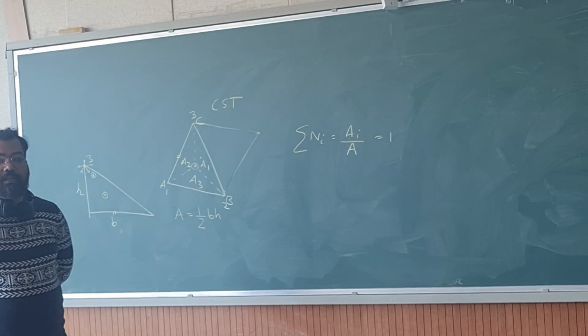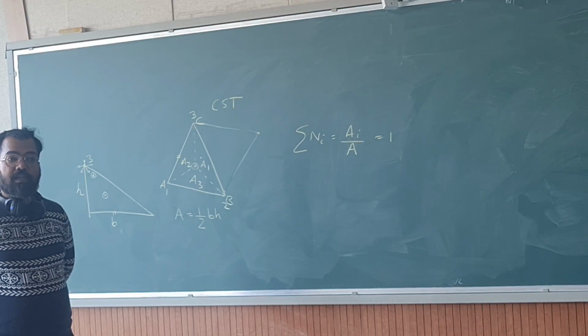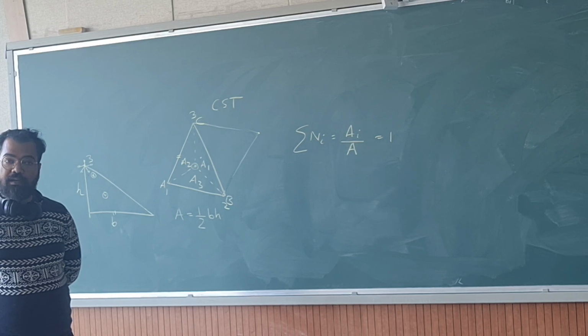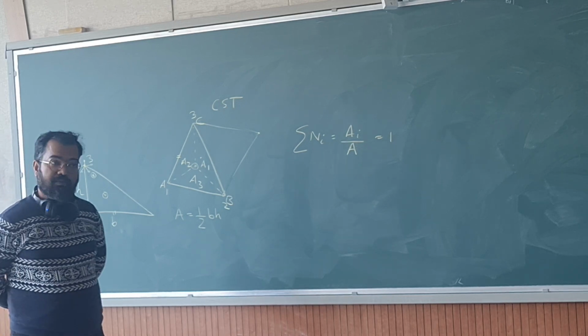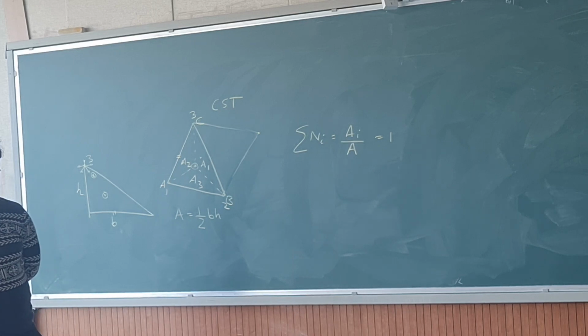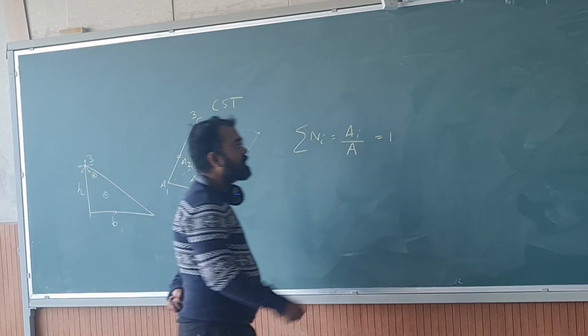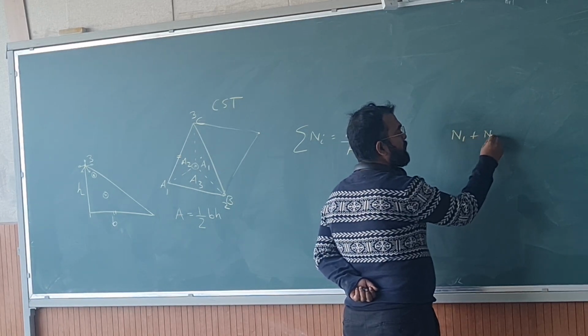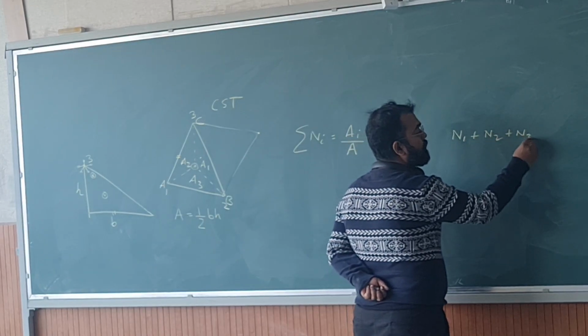Because there are 3 vertices, there are going to be 3 shape functions, and all of them are going to be 1 at the node they are defined and 0 at the nodes where they are not defined. Apart from that, I also get a condition that all 3 of them are not independent. So n1 plus n2 plus n3 must be 1.